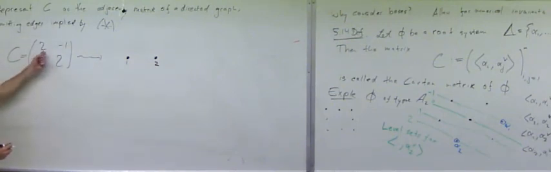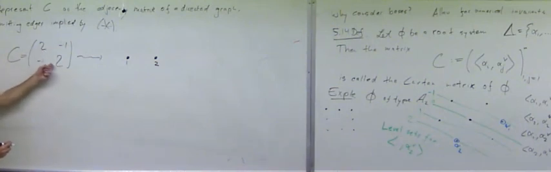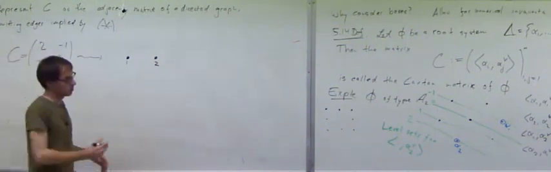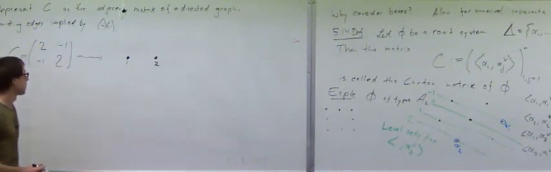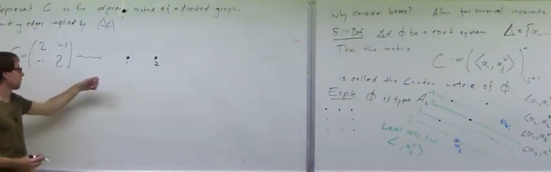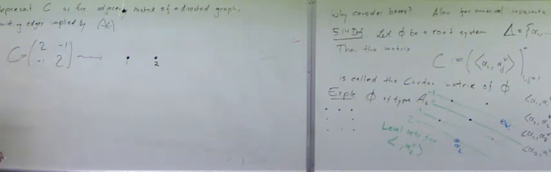Well, then there are these diagonal components too. We don't have to denote them in our graph at all because they're always 2. We know from our first rule they will be 2. So in order to reconstruct our Cartesian matrix from the graph, we don't need to put anything here.